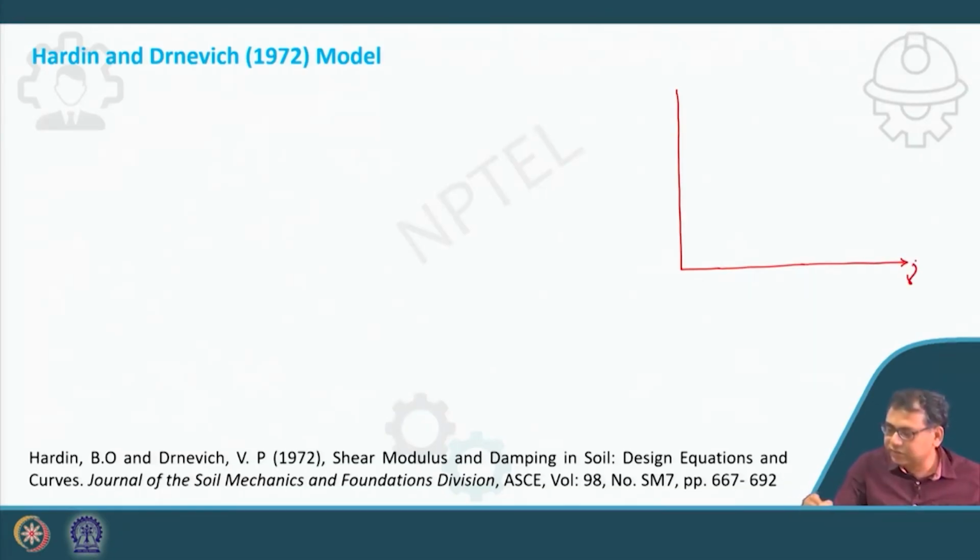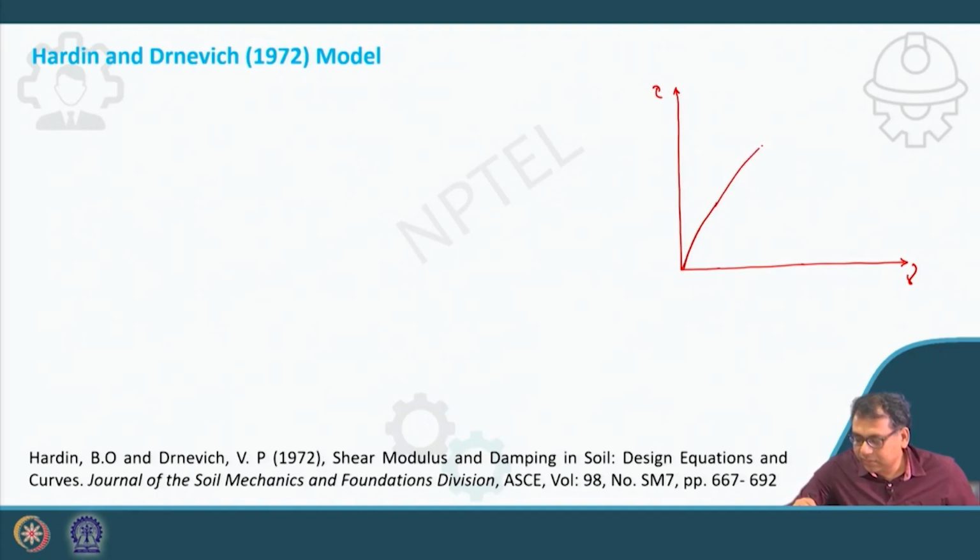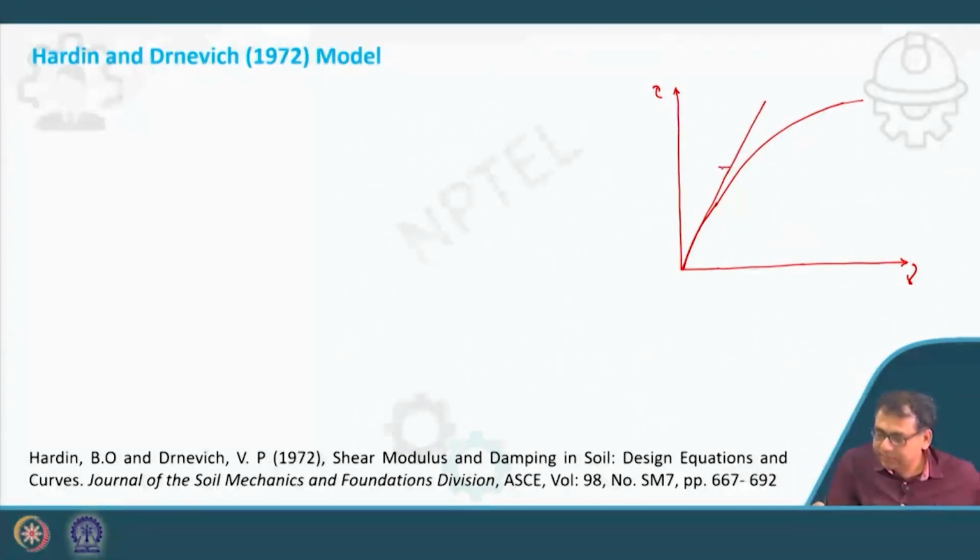This is shear strain, this is shear stress. The initial slope will give me the Gmax. From this point onwards, the G value will change.